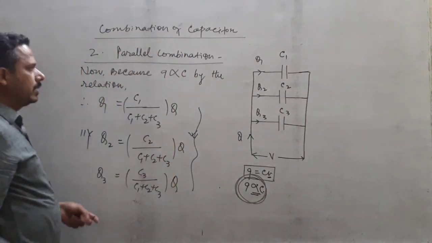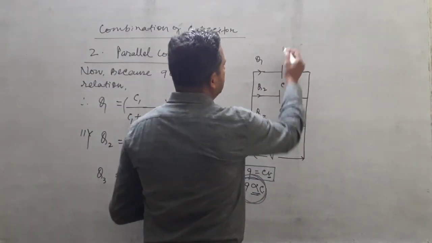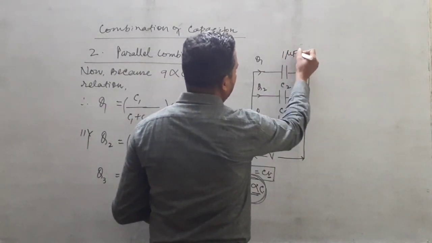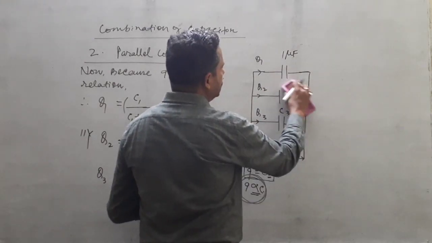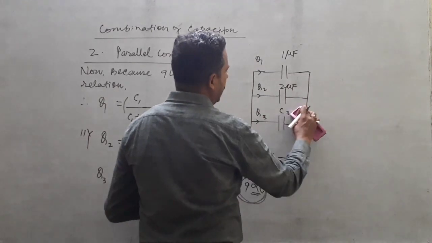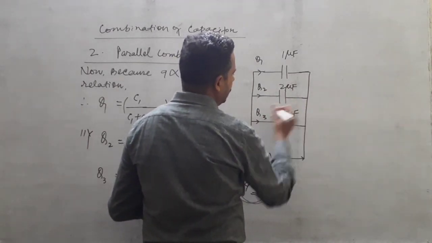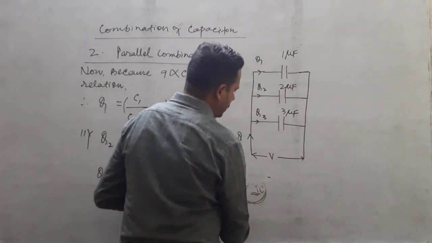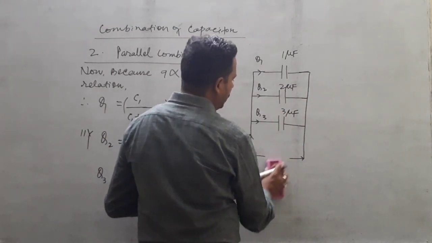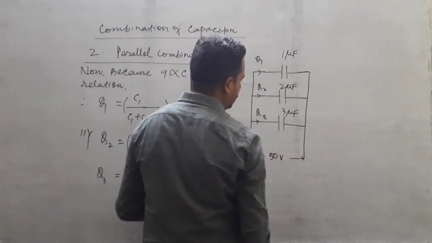So let's design a question. Suppose C1 is 1 microfarad, C2 is 2 microfarad and C3 is 3 microfarad, and the potential difference is 550 volt.